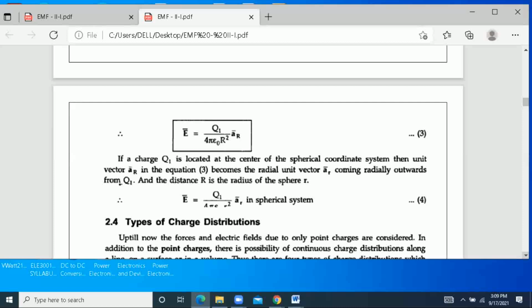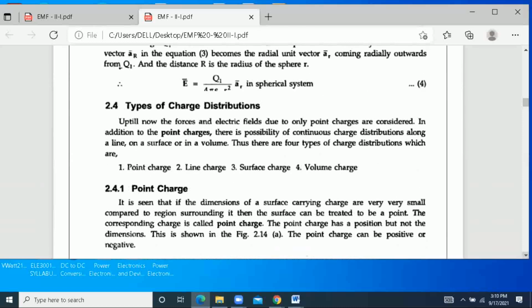Essentially, we want to calculate the same things: the force due to the charge and the electric field intensity due to the charge. So let's look at the line charge now.